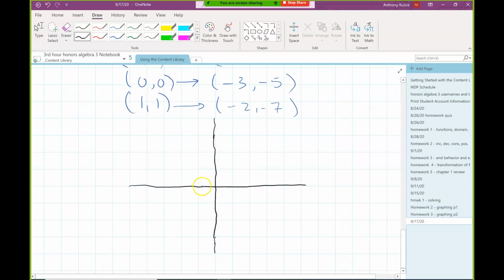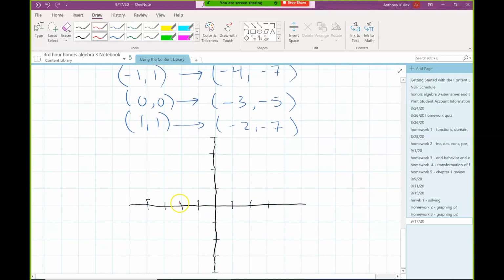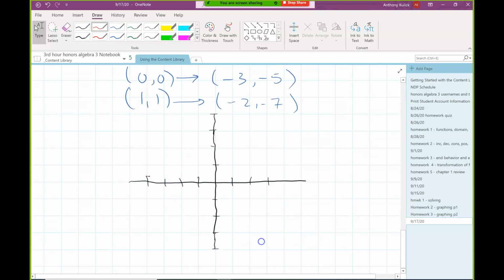So 2, 4, 6, 8, 2, 4, 6, 8. So if I have -4, -7, it is going to be right here. -3, -5 is going to be here. And then -2, -7 is going to be right there. Everybody okay with what I plotted?